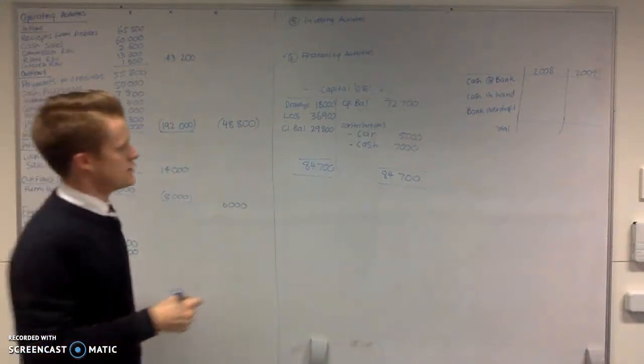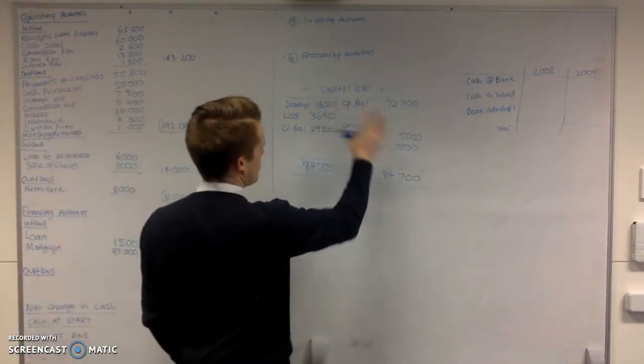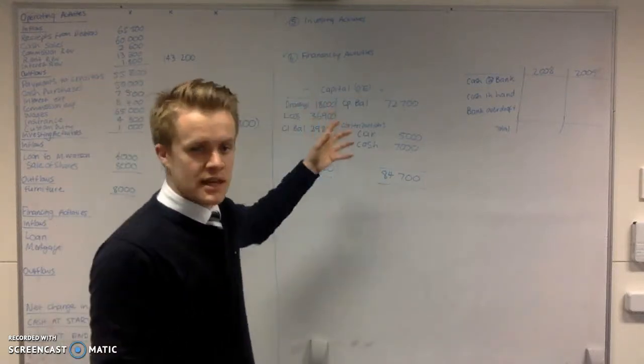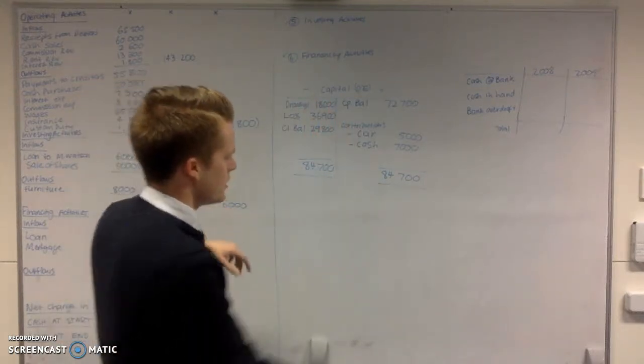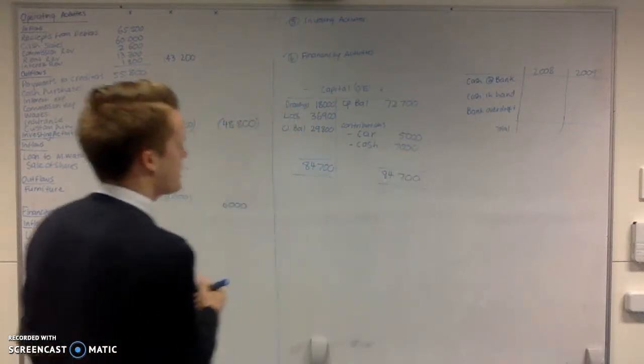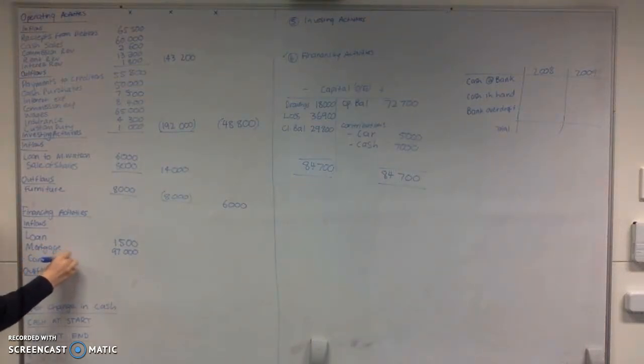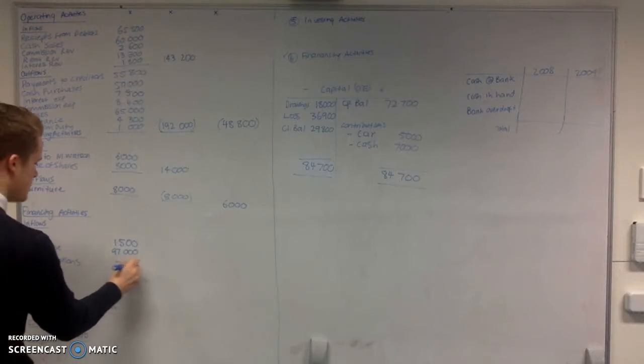All right. So what are we interested in here then? It's going to be the cash transactions. Clearly, we're doing a cash flow statement. So we're interested in the cash contributions. Okay? Because that is an inflow of cash from owner's equity. That's what we're doing here. Cash contributions, $7,000.